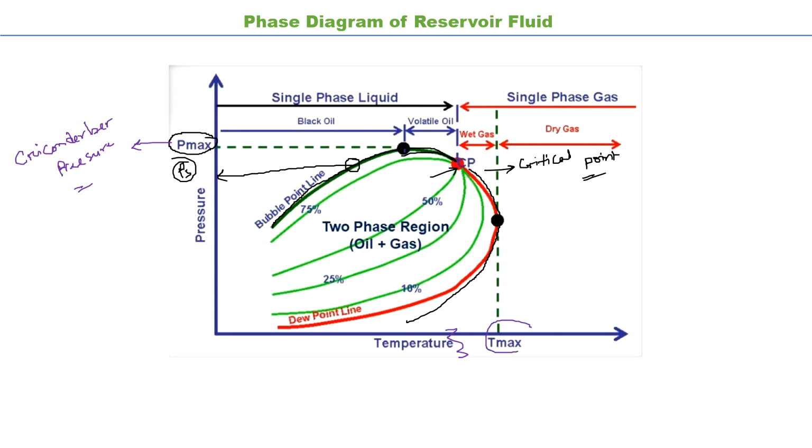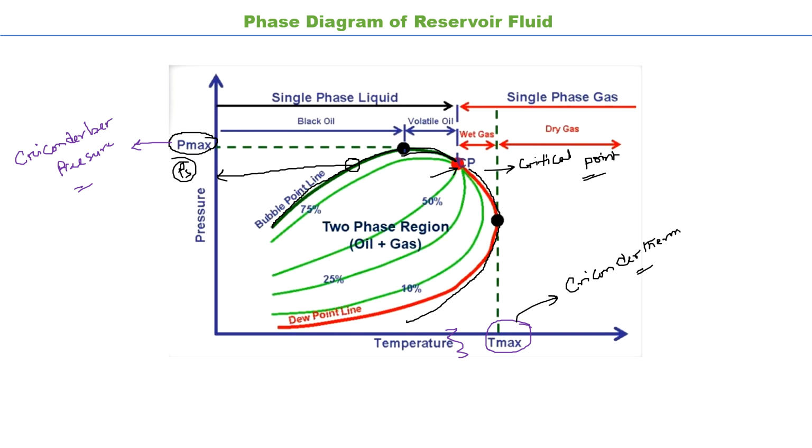And here another thing is Tmax, which is known as the Cricondentherm temperature. What does it mean? This is the maximum temperature above which liquid cannot exist regardless of the pressure.